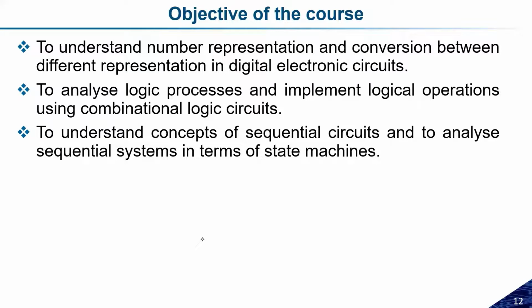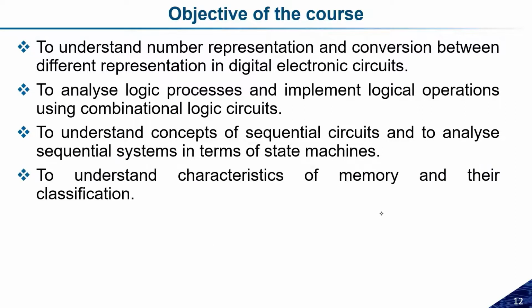Sequential circuit means, if there is some storage element, then we can call it a sequential circuit. If there is some feedback path between input and output, or the output is sampled into the input side, then we can call it a sequential logic circuit. So we'll also discuss the sequential logic circuit and different state machines.